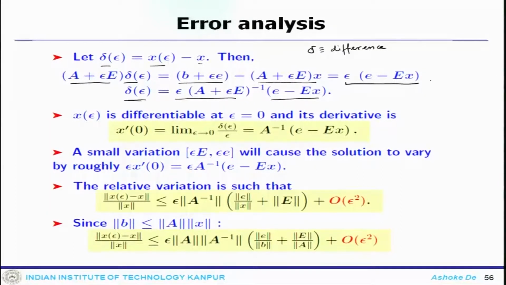So, you get (A plus epsilon E) delta equals epsilon into (e minus E x), and delta equals epsilon into (A plus epsilon E) inverse multiplied with (e minus E x). That is what you get.